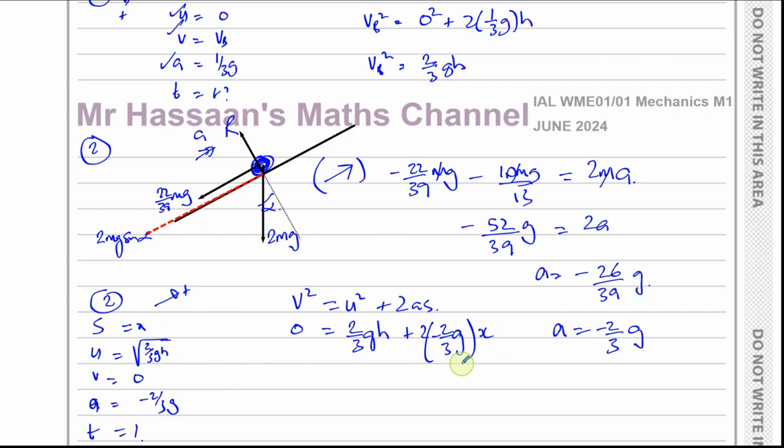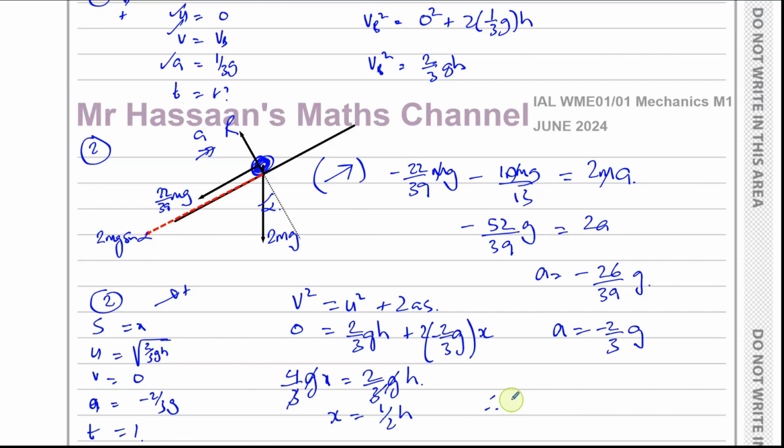And we've got to find what x is in terms of h. So this gives us 4 over 3 g times x equals 2 over 3 g times h. The g's will cancel, the 3's will cancel. So x is equal to 2 over 4 h, which is a half h.